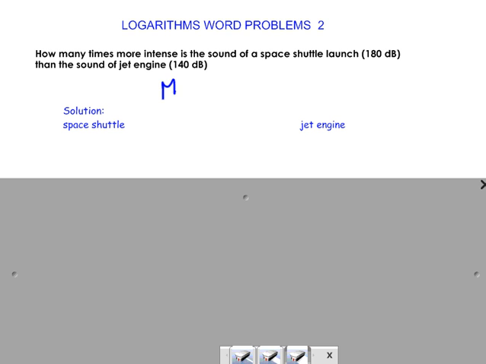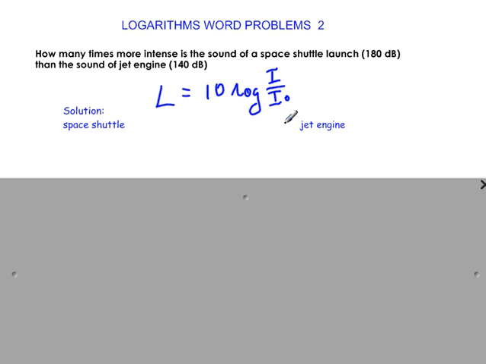I wanted to use the letter L for the loudness. Okay, so L is equal to 10 log of I divided by I0. So I0, again, is a common value that will be used, the same number that would be used for any type of problem that involves loudness and sound intensity.